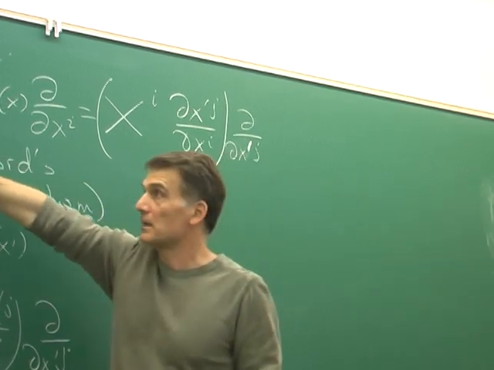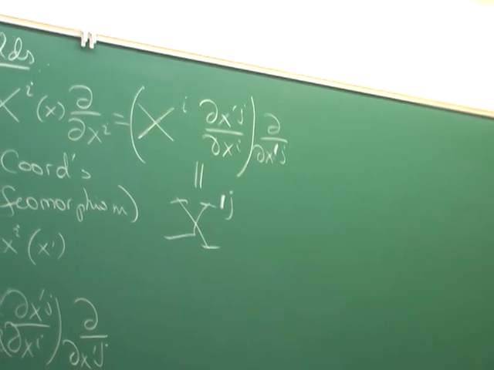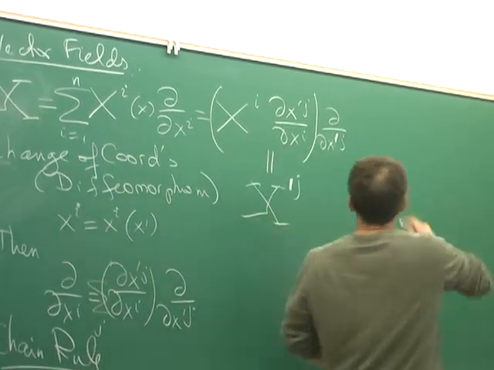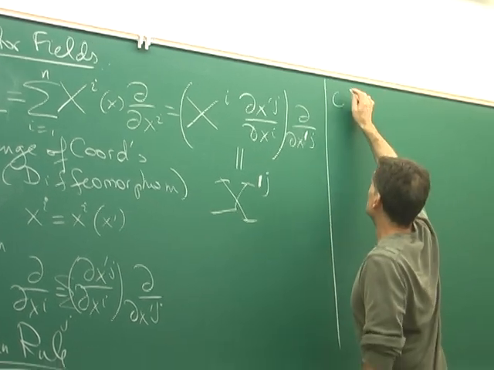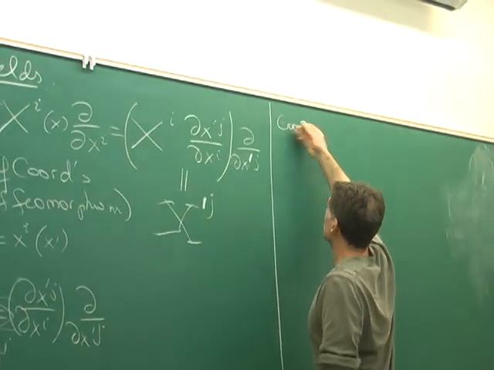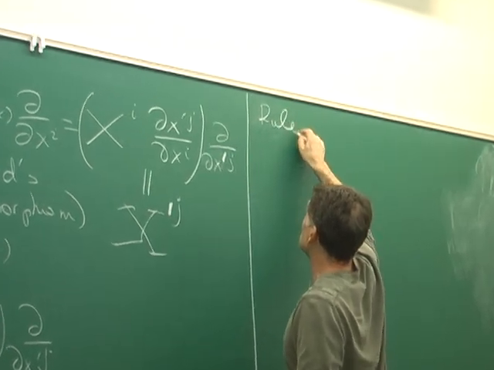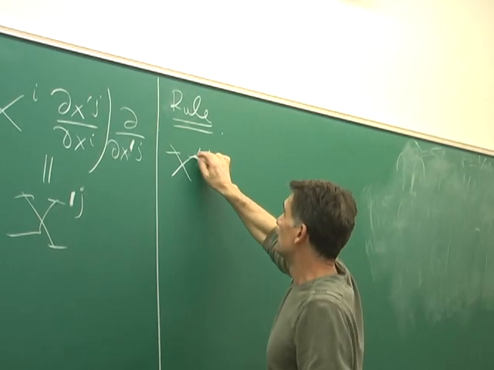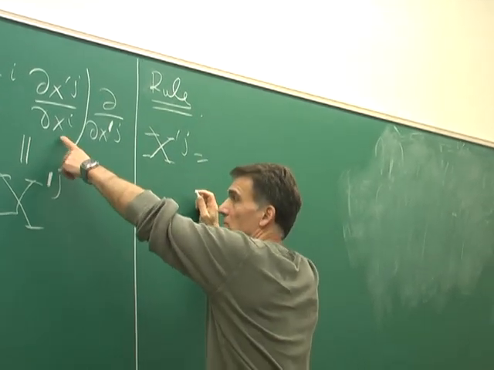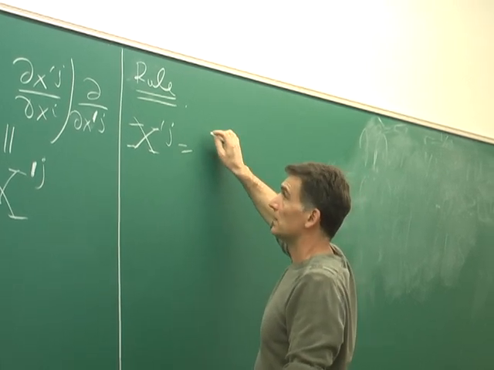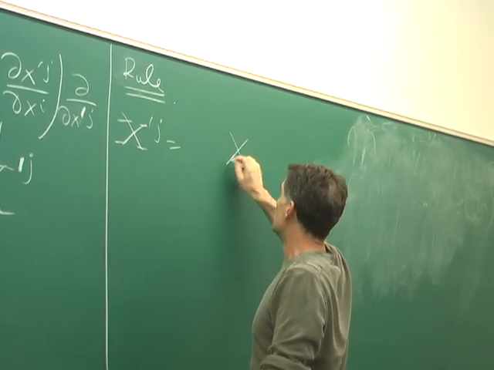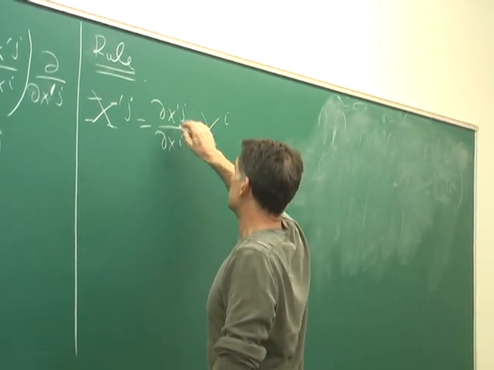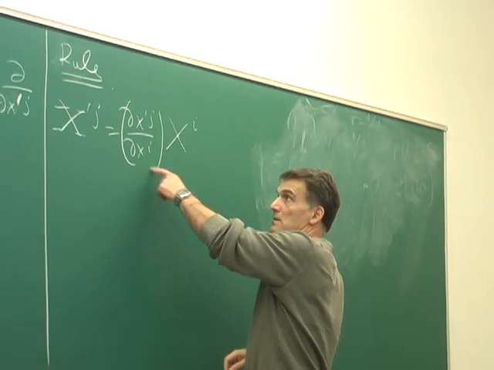But this operator is a differential operator, and it stays the same. So a vector field is something where this is the rule for changing the components. Let me just write it. These are little x, these are coordinates, these are the vector components. See that this is the matrix.